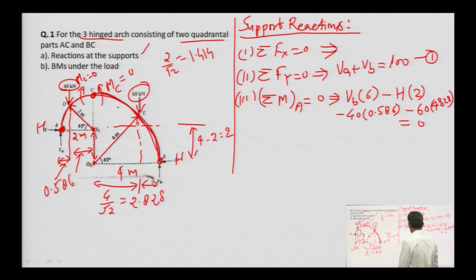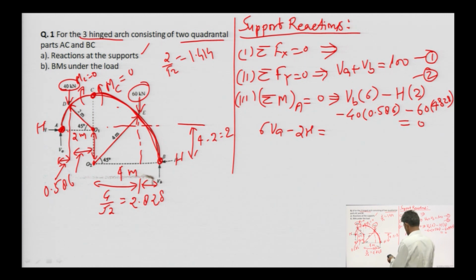So we will get another equation, number 2. Let us write it first. 6 V A minus 2 H is equal to 40 into 0.586 plus 60 into 4.828.